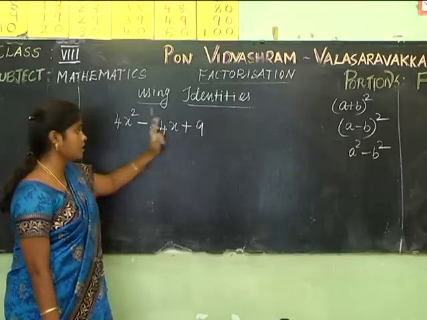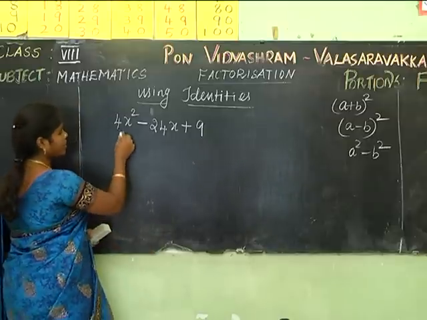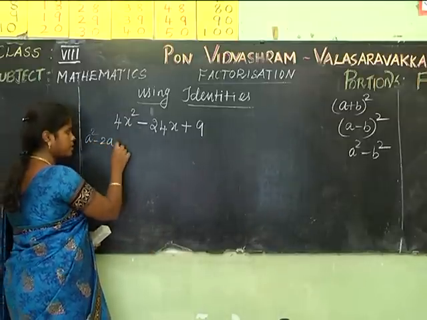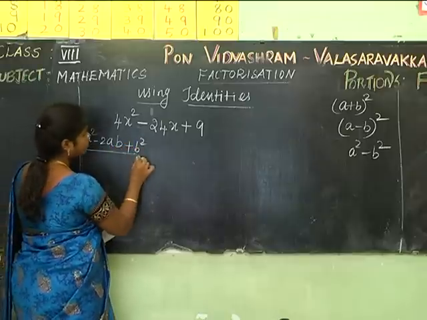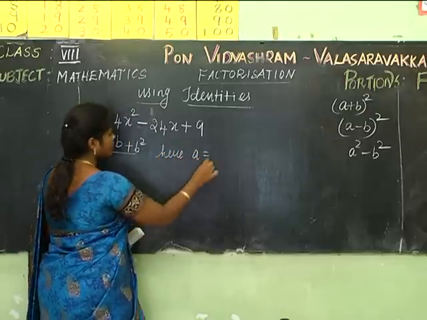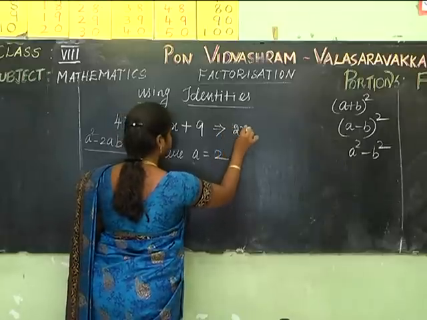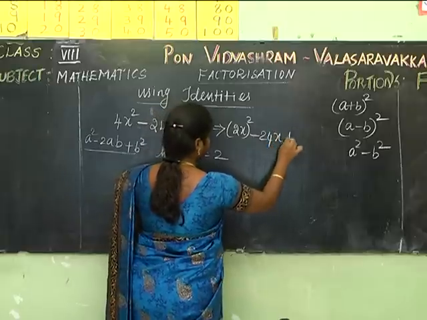Check the first and the last term; both are perfect square numbers. So we can write this in the form of a square minus 2ab plus b square, because here it is minus. Here we can write 4x square as 2x the whole square, then 9 as 3 square.